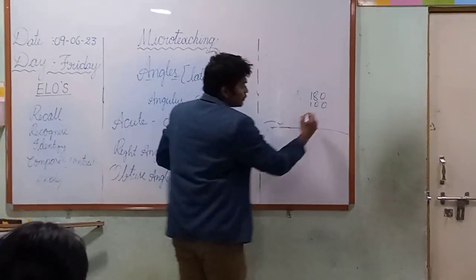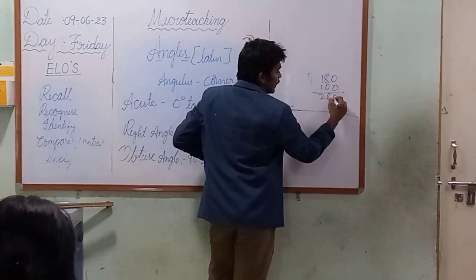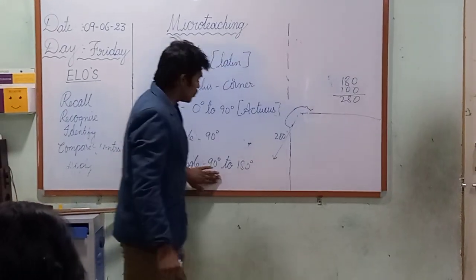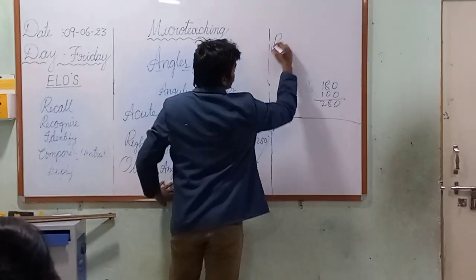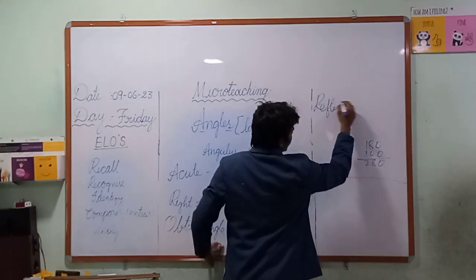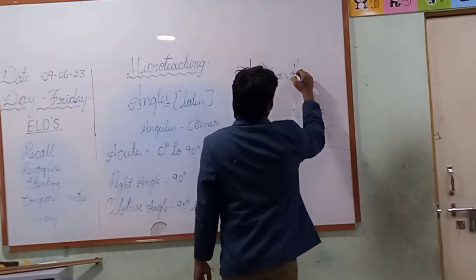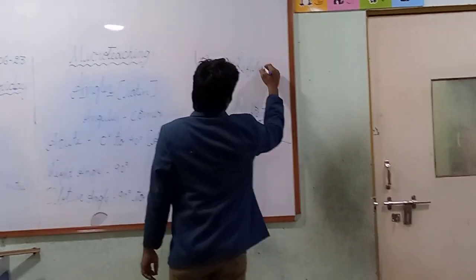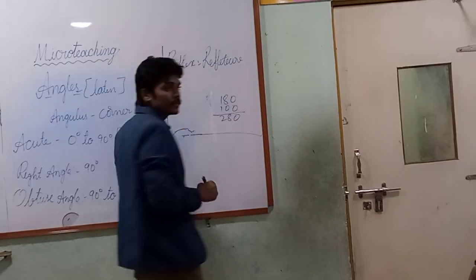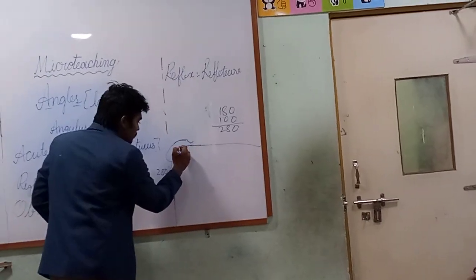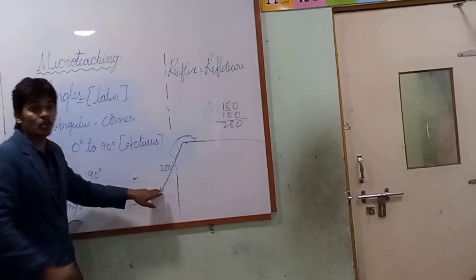What will it be? 280. So this angle is 280. Reflex is also a Latin word derived from reflector, which means to bend back. See here, this line seems to be bent towards the back.